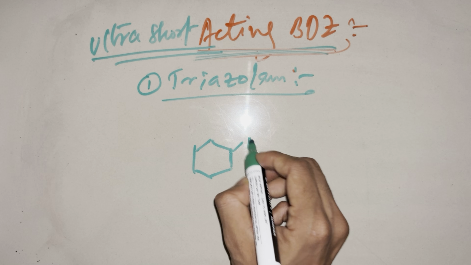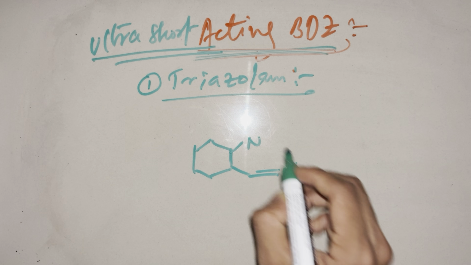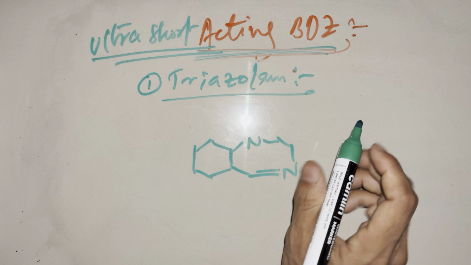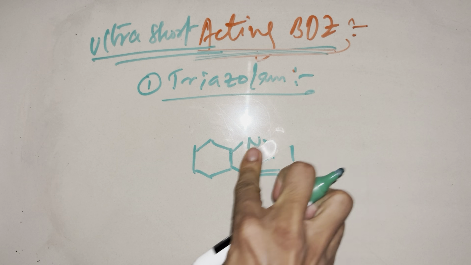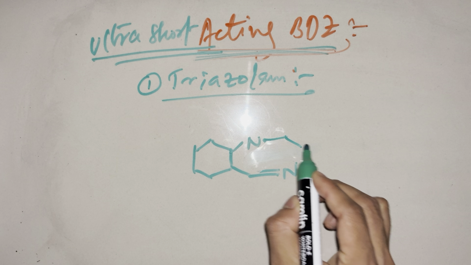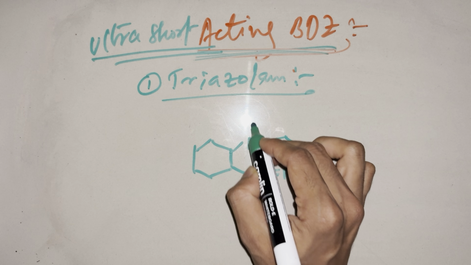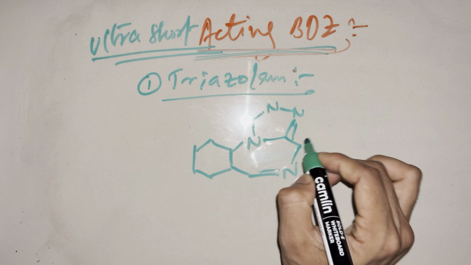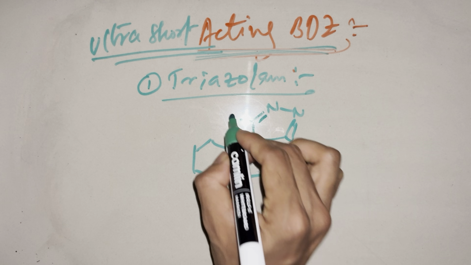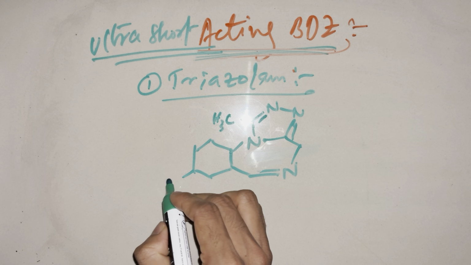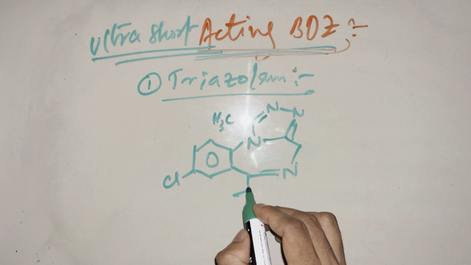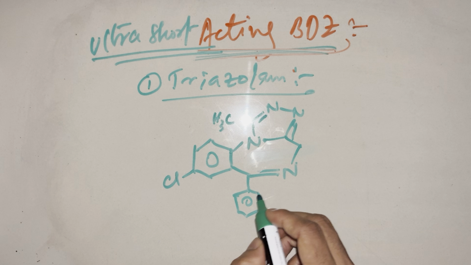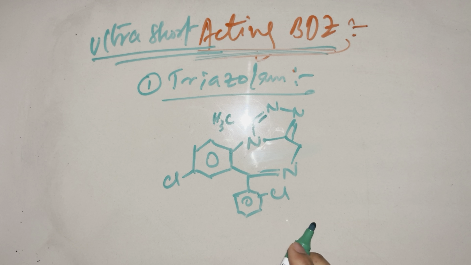That is present in another compound, that is alprazolam. You have to remember that this is very important. These two compounds are examples of triazolyl benzodiazepines. They are alprazolam and triazolam.